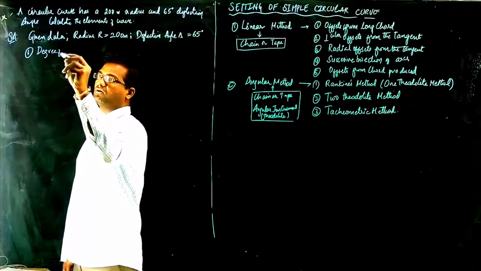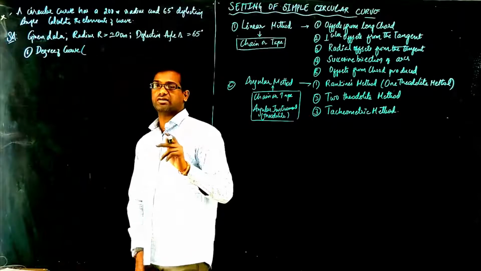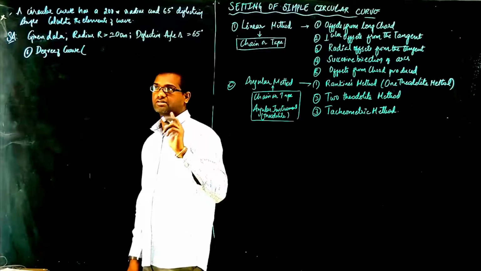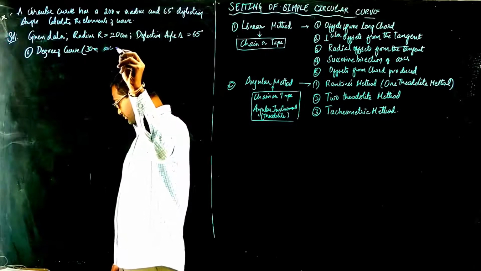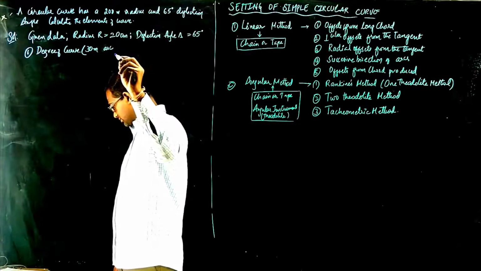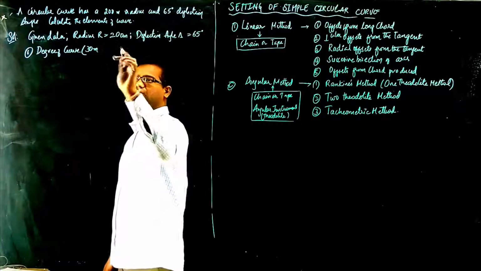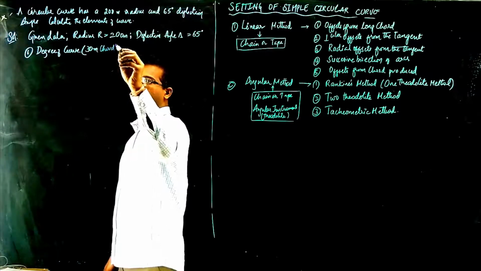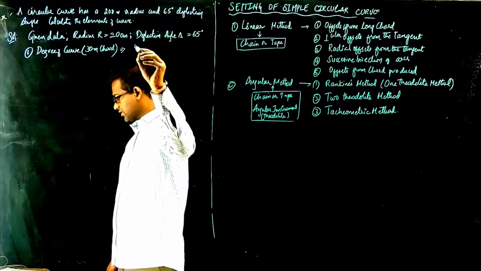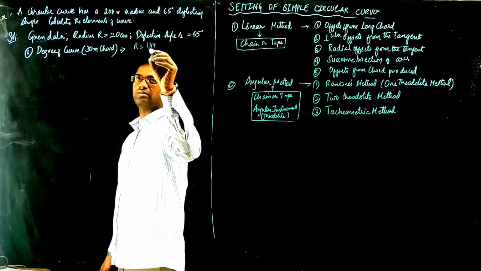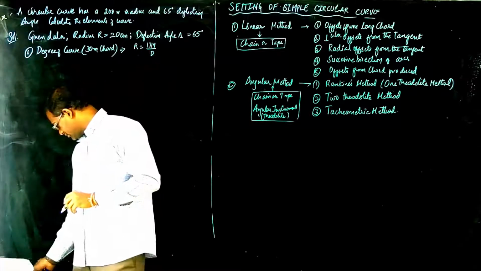For degree of curve, you have two options: a 20 meters arc or a 30 meters arc. If you take a 30 meters arc or 30 meters chord, you can take either, then R equals 1719 by D, which we have calculated.